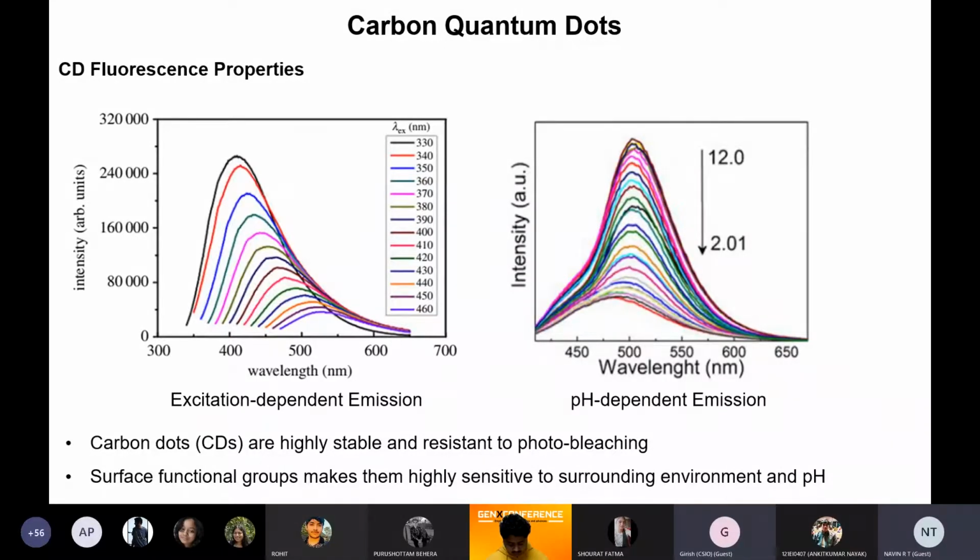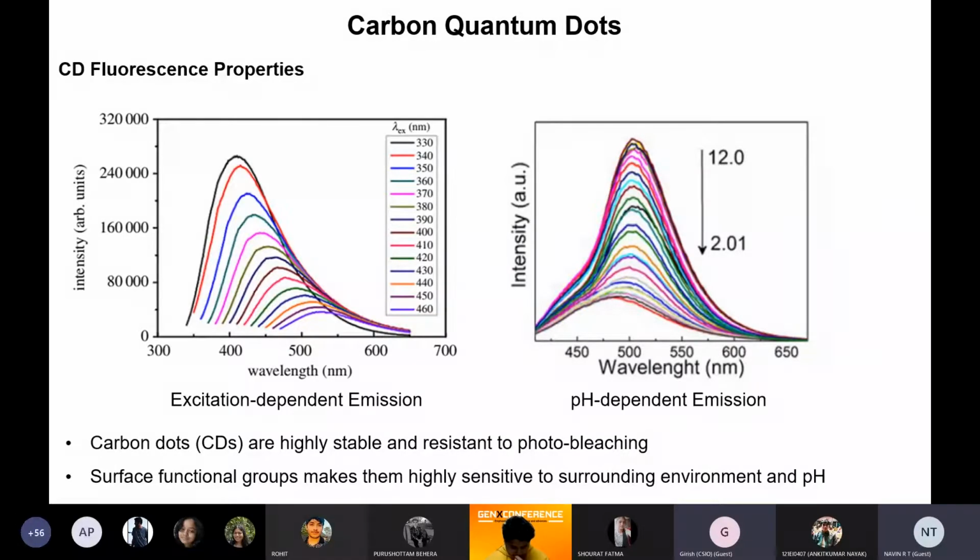Therefore, they are usually stored at room temp or 4 degrees refrigerated, or they are stored as powder, and they are used immediately after dissolving them. But in the case of carbon dots, because they're highly oxidized nanoparticles, they are very stable even in ambient conditions.